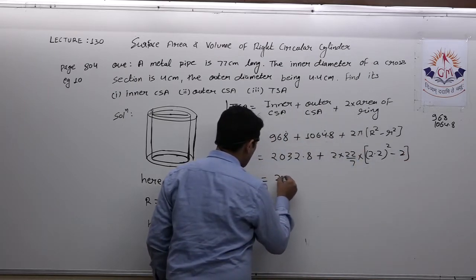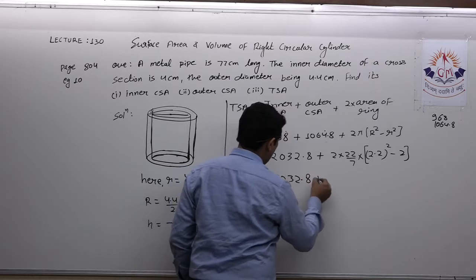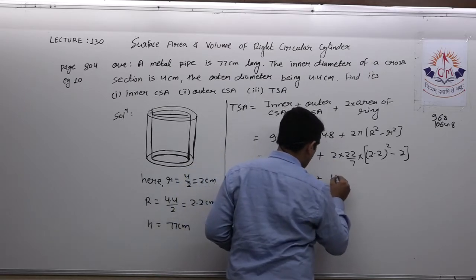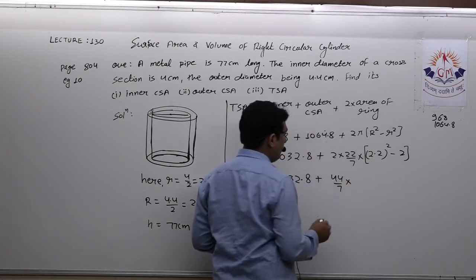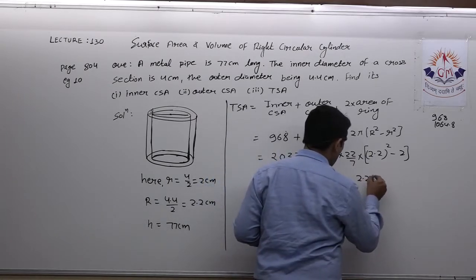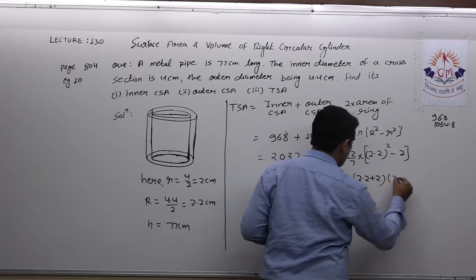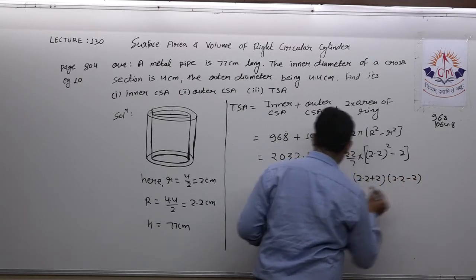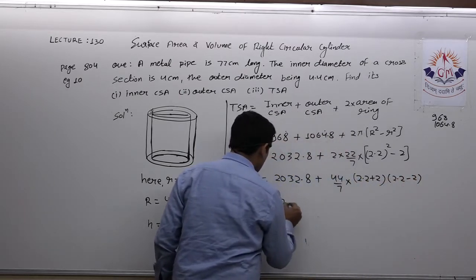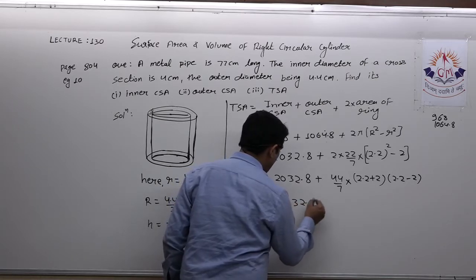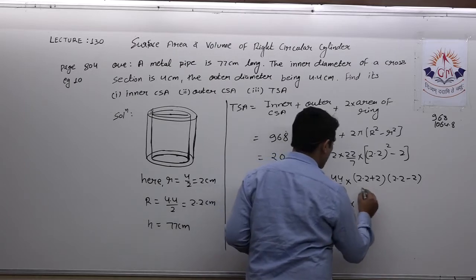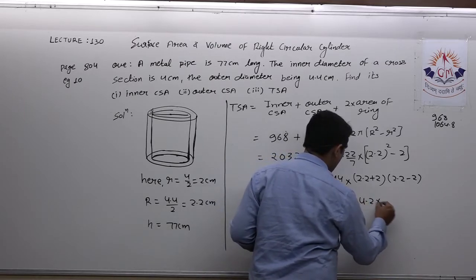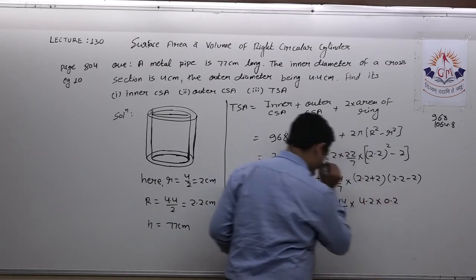So 2032.8 plus 44 upon 7 multiplied by, now this is 2.2 plus 2, 2.2 minus 2. I applied the identity of a square minus b square. 2.2 plus 2 is 4.2 into 0.2.